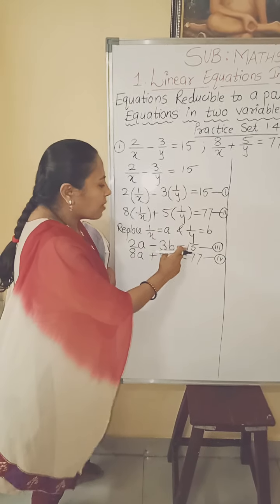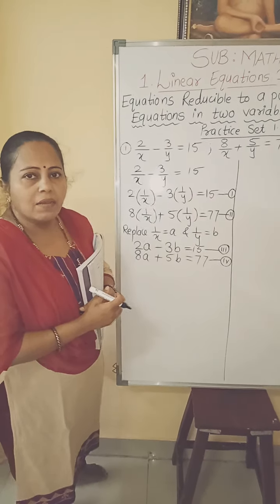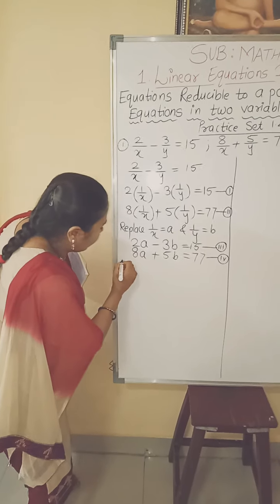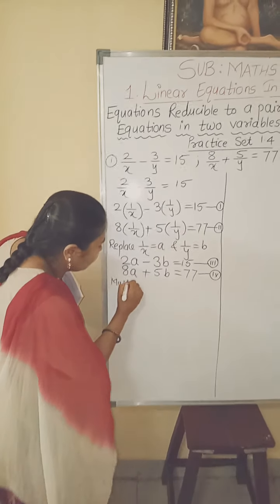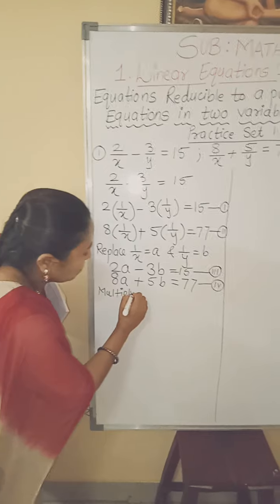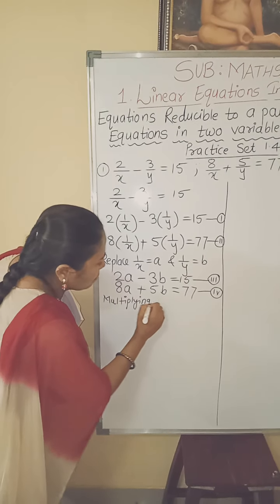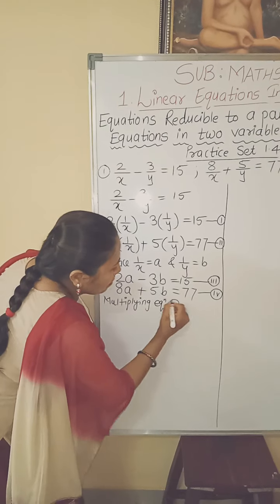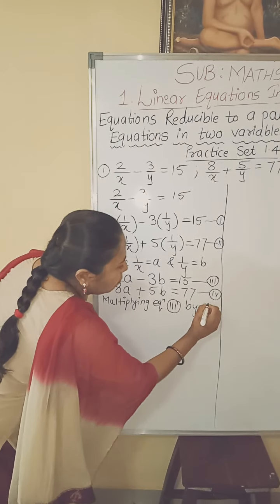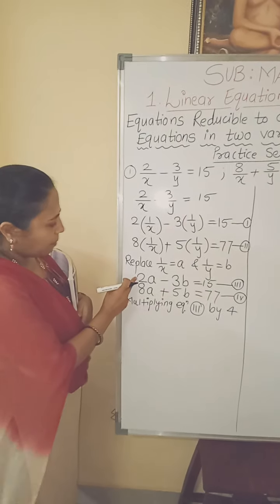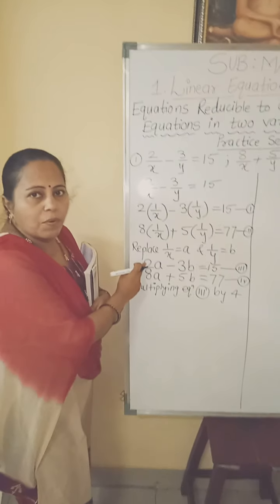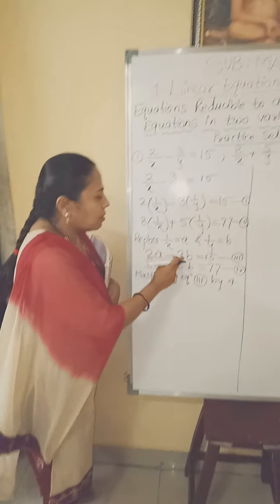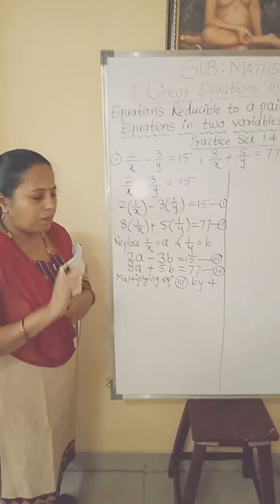So the whole equation we will multiply by 4. Multiplying equation 3 by 4, each term we will multiply by 4.